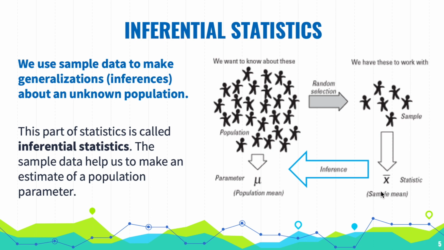This process of taking x bar, or the standard deviation of the sample, and using that to make inferences about our population, like mu, the average of our population, or the standard deviation of the population, that part of statistics is called inferential statistics. The sample data help us to make an estimate of a population parameter.